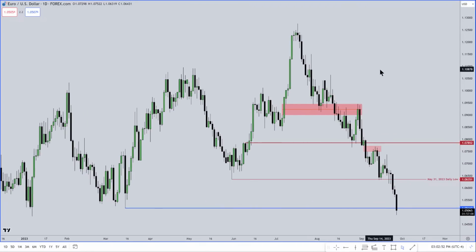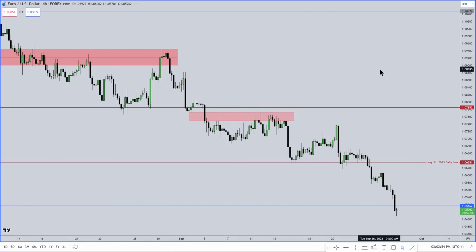And let's drop down into the 4 hour. So you can see how we consolidated around that old low of May 31st, 2023. Then we broke down, created a SIBI, which is a sell side imbalance, buy side inefficiency.